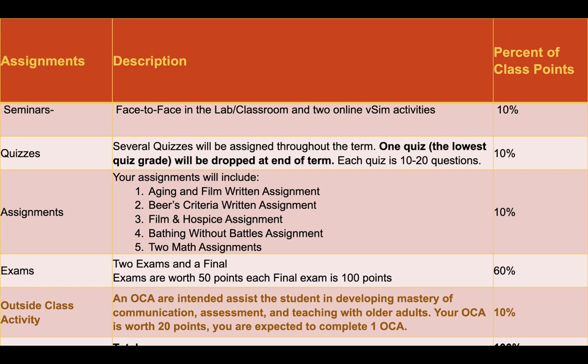Your assignments and what's on the grading scale is listed here. It's a little squished, but 100% is shown at the very bottom row there that you can't quite see. So you have some seminars that are worth 10% of your grade, quizzes, and the lowest quiz score gets dropped at the end of the term. That's worth 10% of your grade.